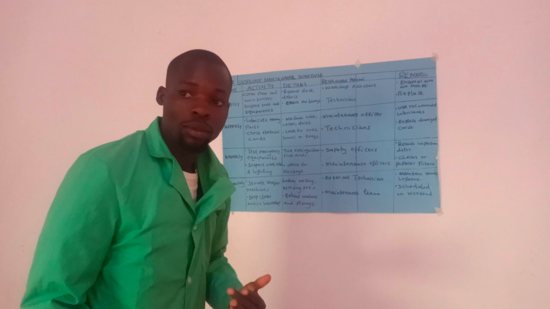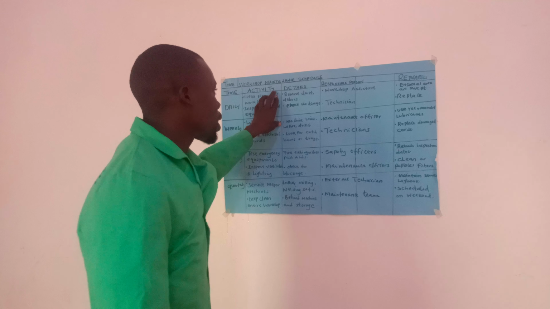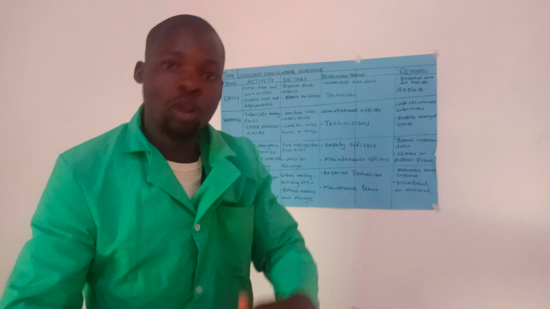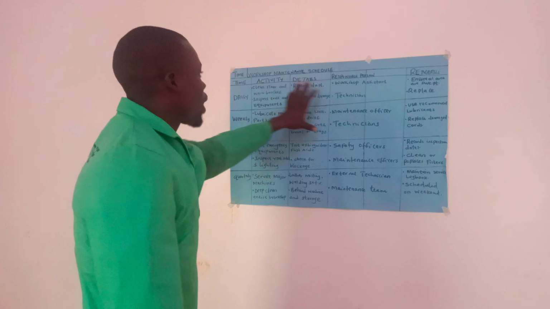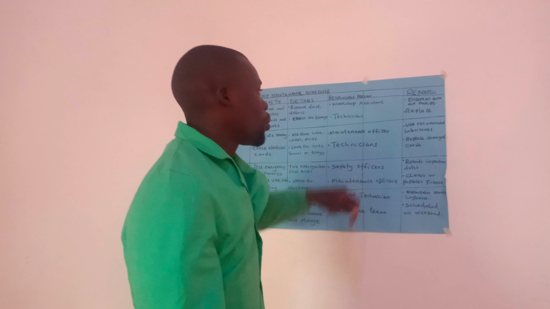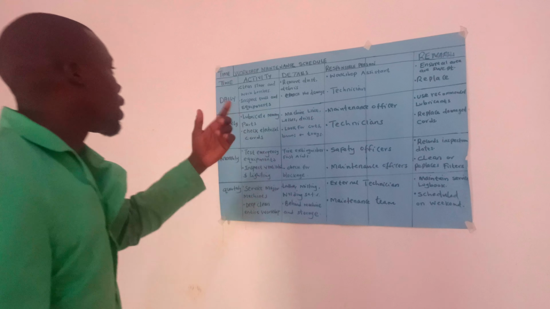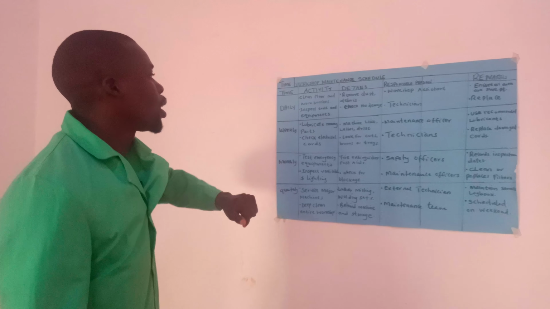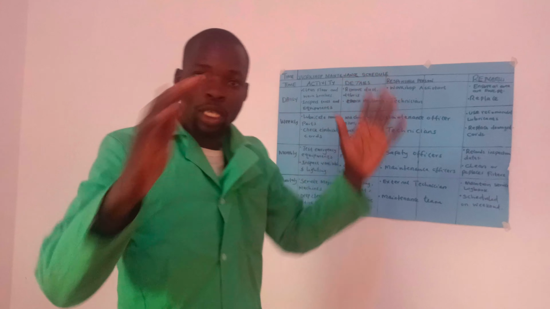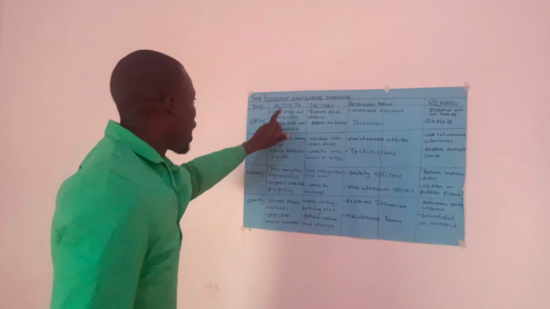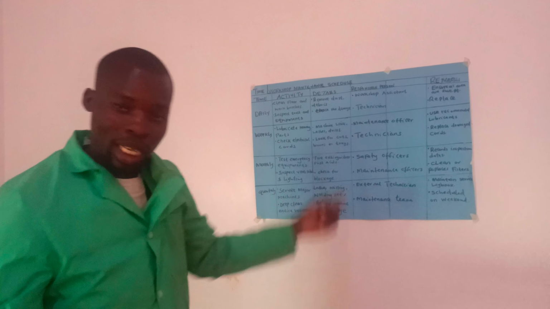We have time, activities to be undertaken, and at what time, or day, or month, or even in a year. Now, when you look at this maintenance schedule framework, you will find that we have the time, that's the duration at which every activity has to be undertaken, and the activity to be taken that day.